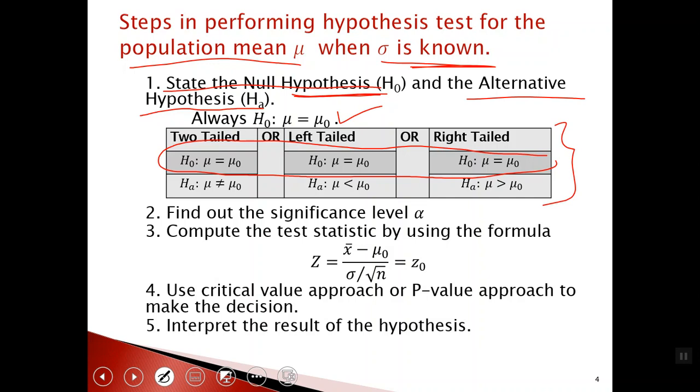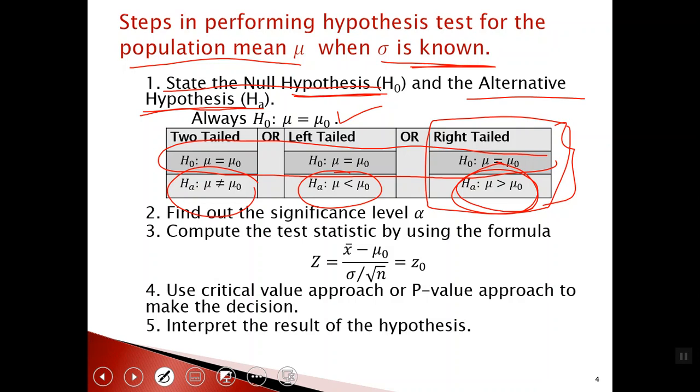Next you need to mention the alternative hypothesis HA, based on your claim. According to this claim HA, you have to decide your side of the distribution, which means two-tail, left tail or right tail. For example, if your alternative hypothesis says mu greater than mu naught, it is a right tail test. Already we have discussed these things.